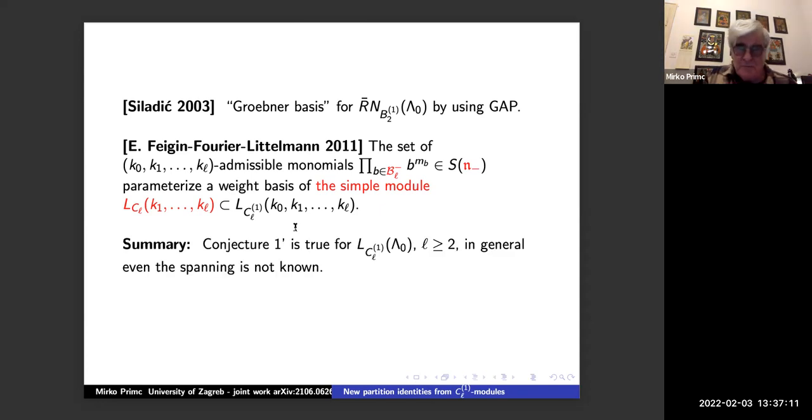So in summary, conjecture 1 is true only in this one case. For all else, in general, even the spanning is not known. So one would think that maybe one could combine this theorem of Feigin, Fourier, Littelmann, which says something about the top of the module, with the rest, but it will be more than just an observation.